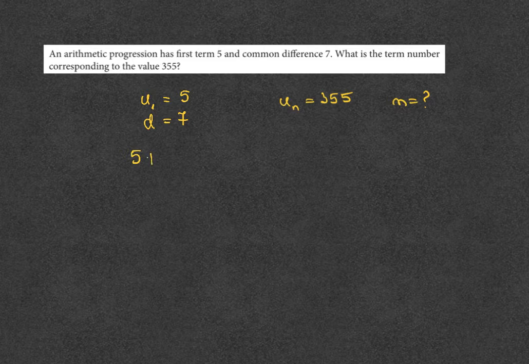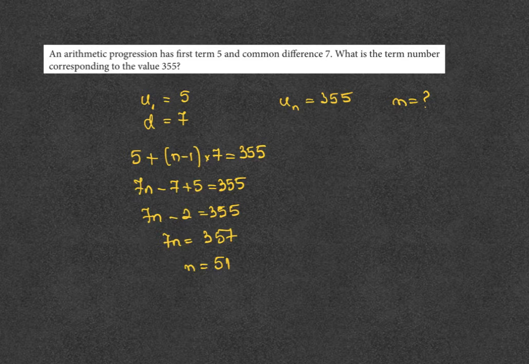So u1 plus (n minus 1) times d equals 355, and that's how we solve the equation. Please notice that the term 355 is in the 51st position. If I was asked for the value 356, I would have gotten a decimal here, so I wouldn't have such a term. I need to get a whole number as the position for the term 355.